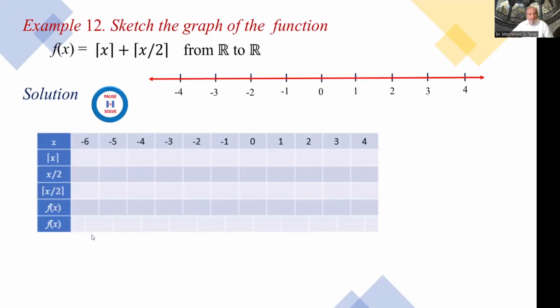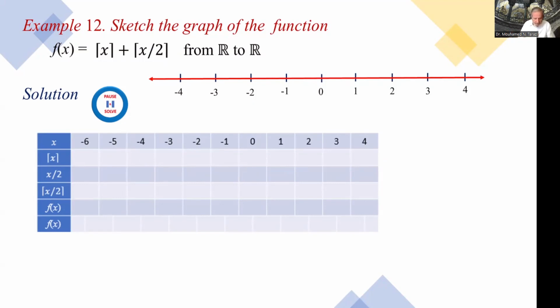So what you need to do, I prepared this table for you. You have x. I chose these points here. Then you compute the floor function of x. As we know, it will be exactly the same as x when you have an integer. Now you compute x over 2, and you find the ceiling function of x over 2.